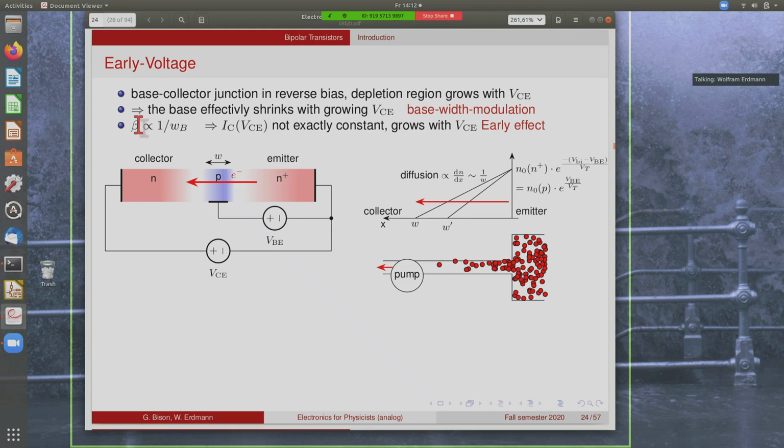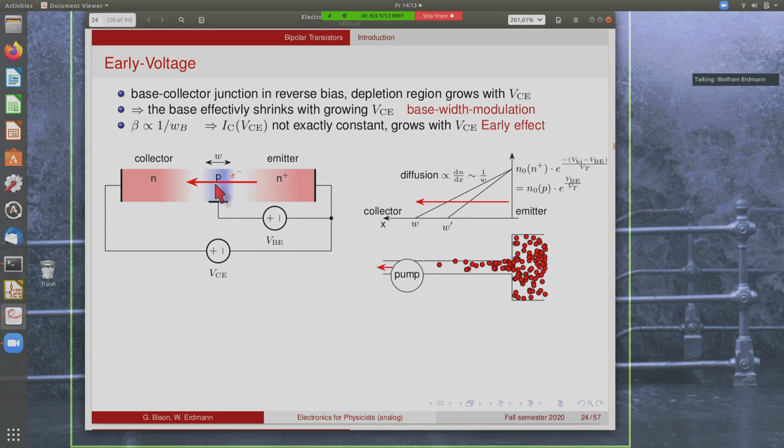Since the diffusion current is proportional to 1 over the width, the collector current is not exactly constant, but grows with the collector-emitter voltage. The effect of changing the width of the base is called base width modulation, and this leads to the so-called Early effect, which is the change of the current.